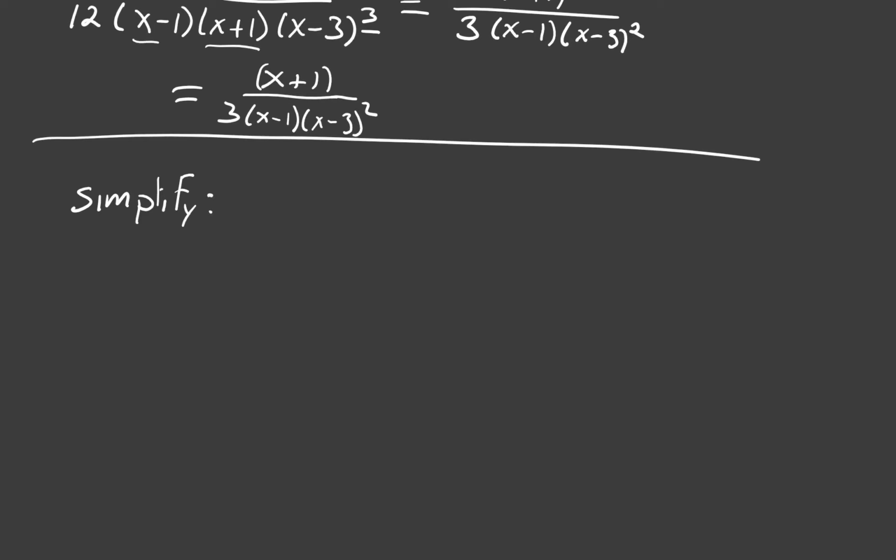If I have something like x squared plus 2x plus 1 divided by x squared minus x minus 2, right now I've got the division, but I don't have anything multiplied on top or on bottom. I've got these additions and subtractions.